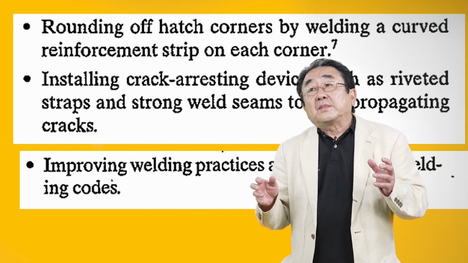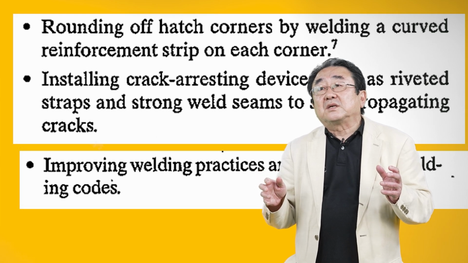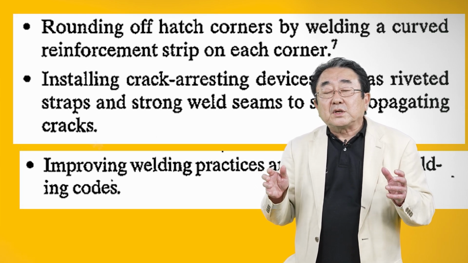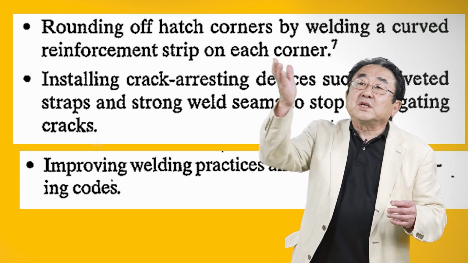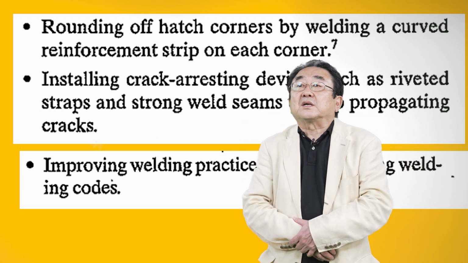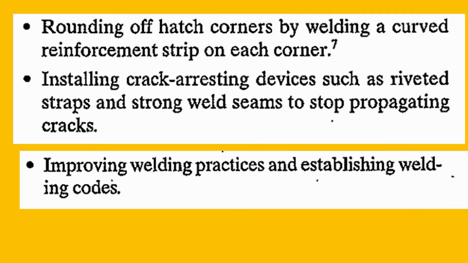And then regarding the hatch, in order to avoid stress concentration at the corner, rounding of the hatch corner should be used. And instead of welding, it is better to use a rivet structure.